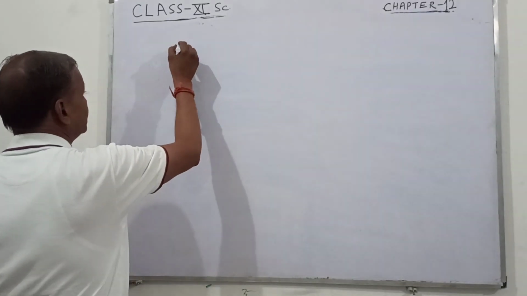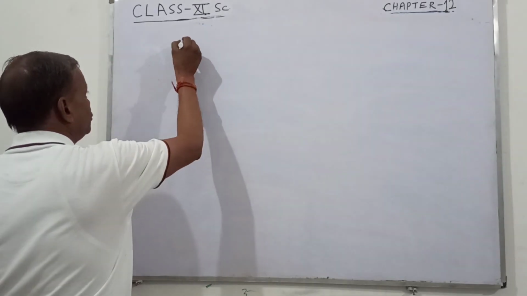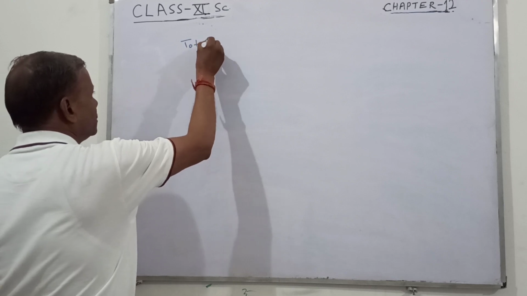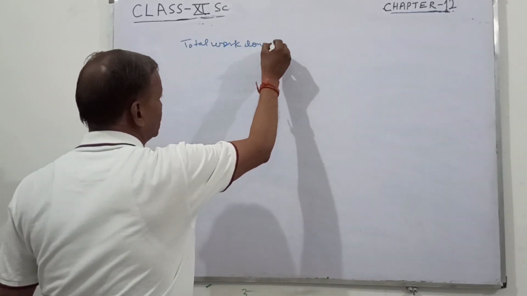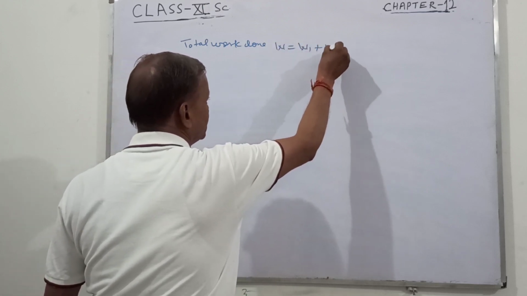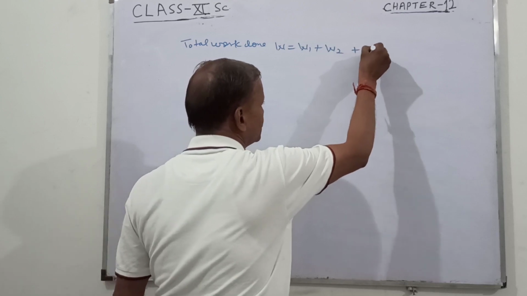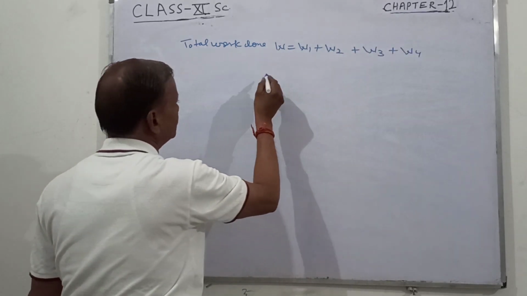So total work done, W equal to W1 plus W2 plus W3 plus W4.